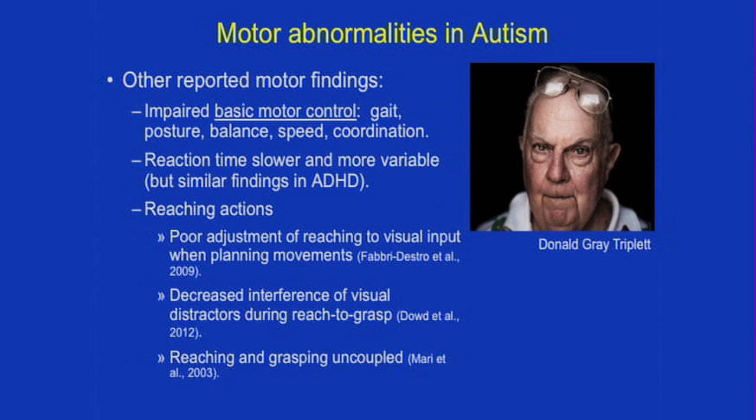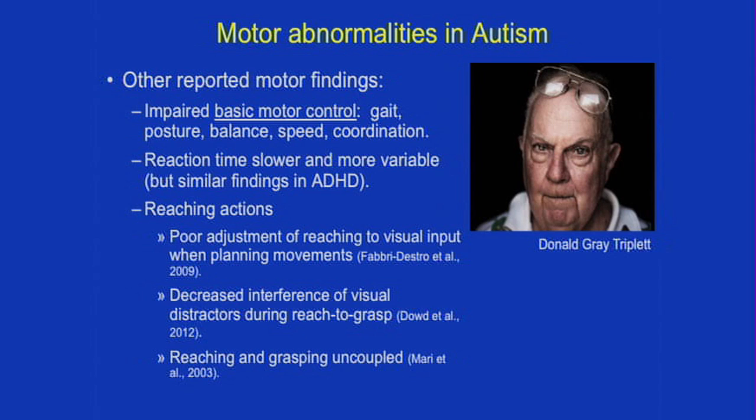That's a fairly consistent finding across studies, particularly the higher variability. But again, there are similar findings in children with ADHD with regard to looking at reaction times, as just one example of another developmental disorder in which there's motor dysfunction.